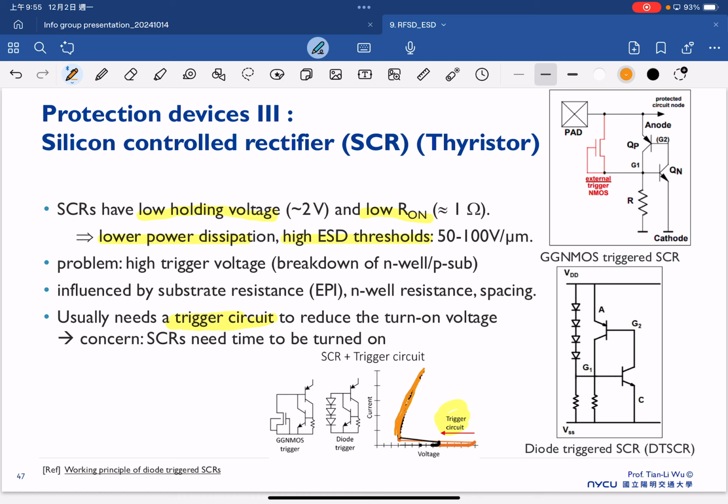But we provide some references if you are interested. For sure, you can look them up later. The purpose of this ESD lecture is just to give everyone a general understanding of what an ESD event is, what the ESD issues are, what the testing methodology is, and in the end, what the possible solutions would be.